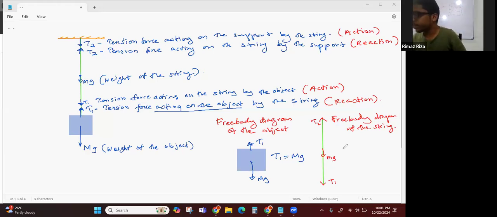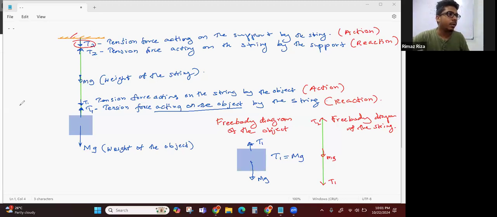Yes. Okay, by the way, do you get a complete idea about the free body diagram? A free body diagram means you mark only the external forces acting on that object. Now look, if we took the upper end, we have this T2 downward also, but it is actually acting on the support.